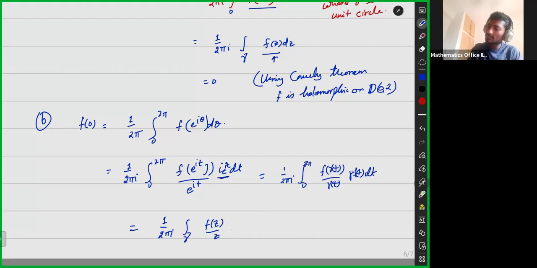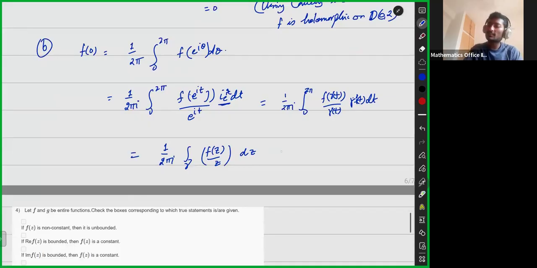This is our function times dz. And now this is the Cauchy integral formula. This is equal to f of 0, right? Fine.